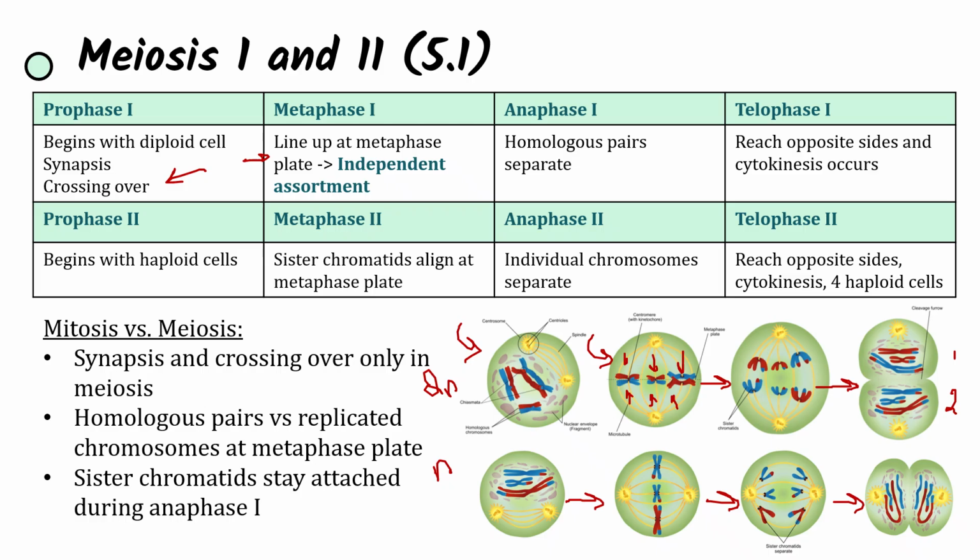We don't have meiosis 1 and meiosis 2 because there's no focus on pulling apart homologous chromosomes. During metaphase and mitosis, sister chromatids are pulled apart and that's it. Whereas in meiosis, sister chromatids stay attached during anaphase 1 and are only pulled apart in anaphase 2.